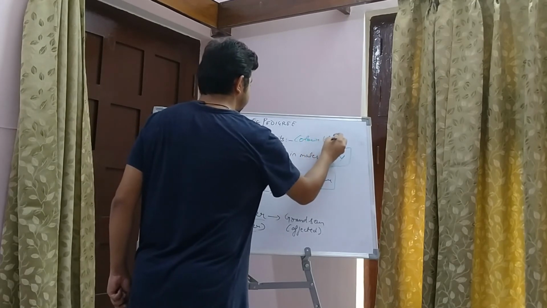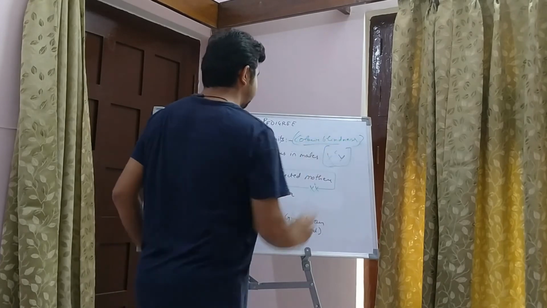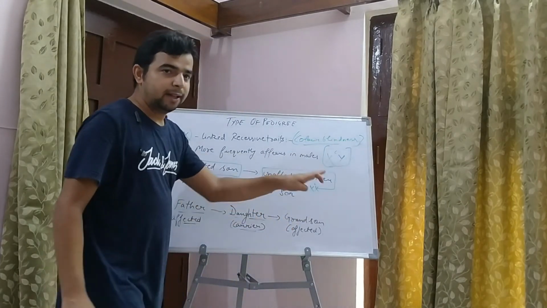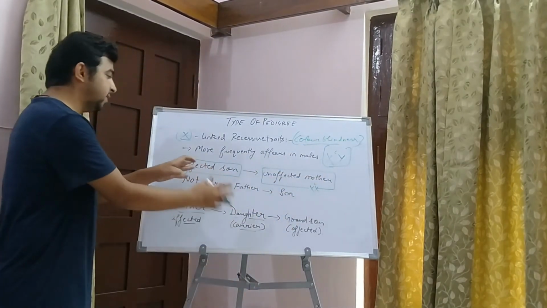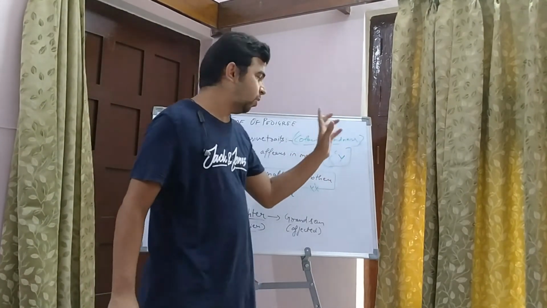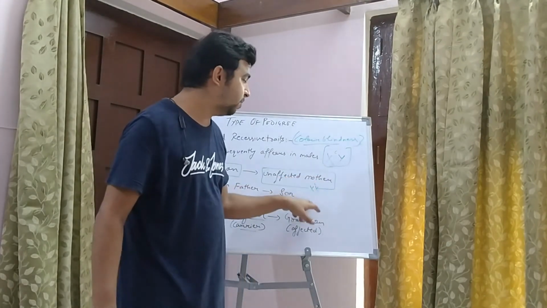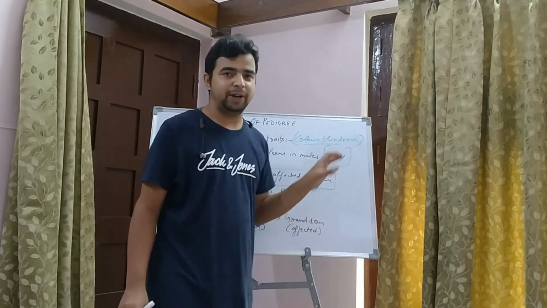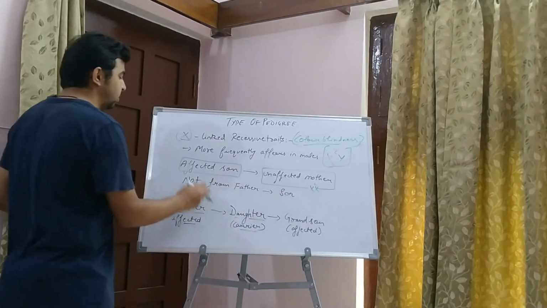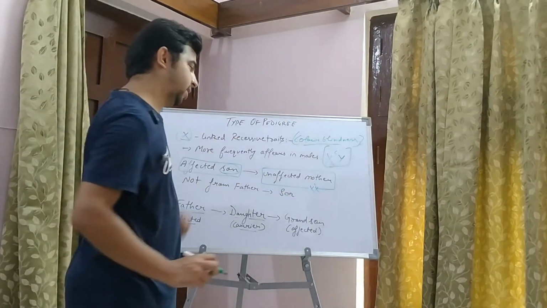Color blindness is mainly seen in males, affecting the son, and the gene of this trait or disorder is present in the mother. The mother is known as the carrier of this trait, which will get transferred to the son, and the son will be affected with color blindness.